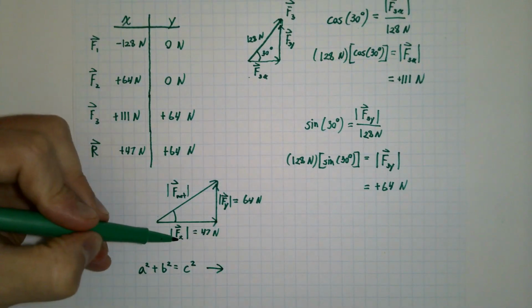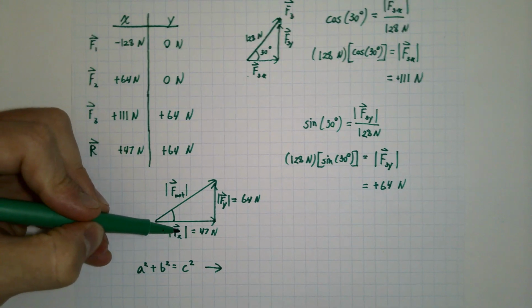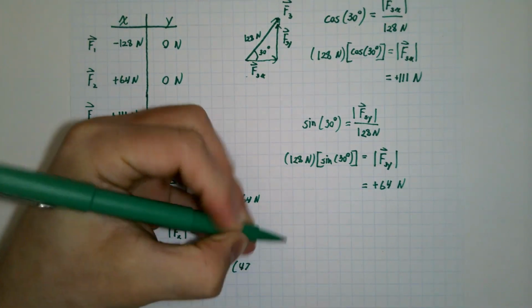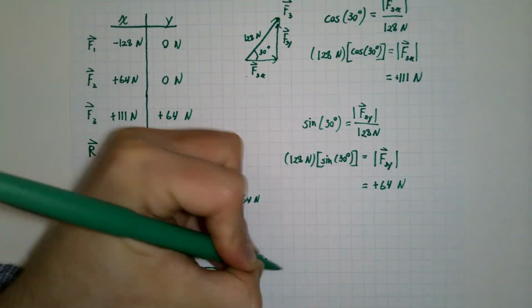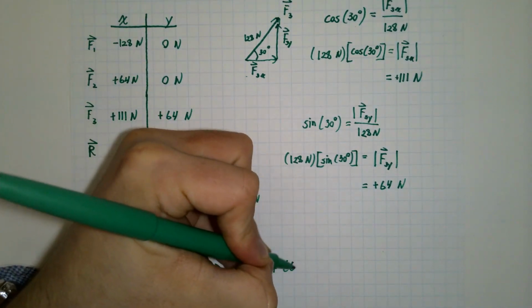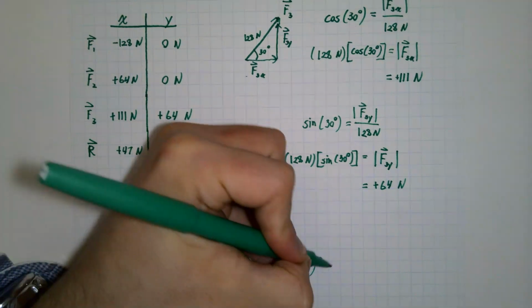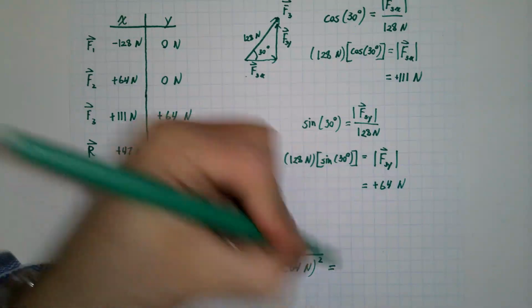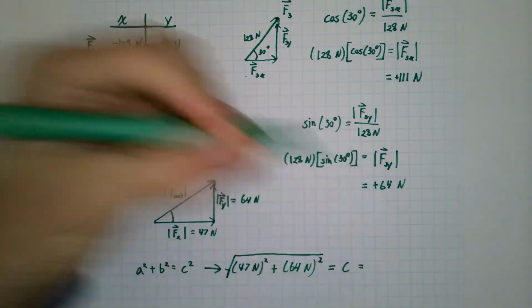Our a, maybe we'll treat as this side down here, the x component, is 47 newtons. 47 newtons squared plus 64 newtons squared. The square root of that sum should get us what c is.